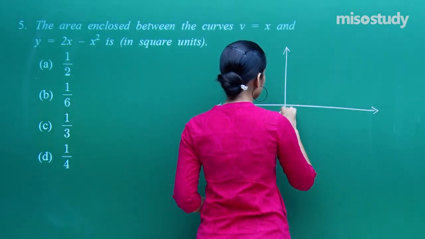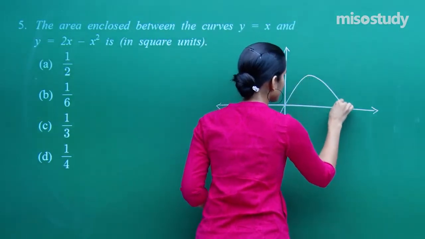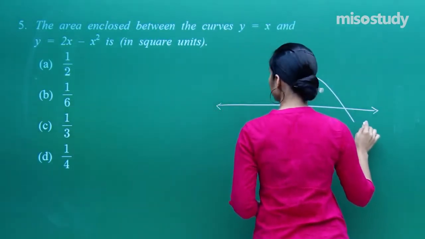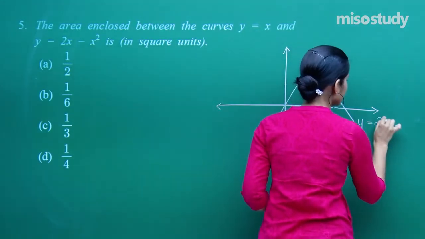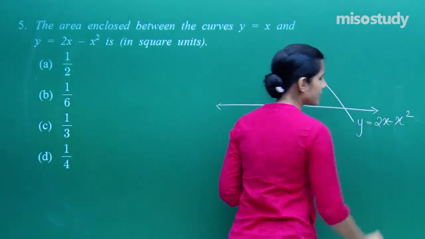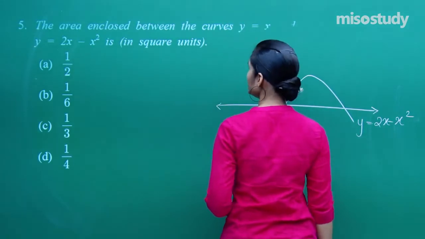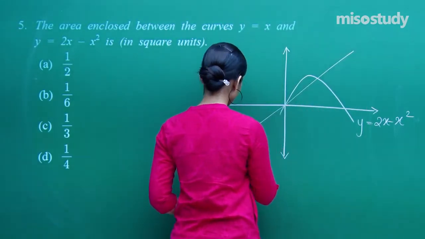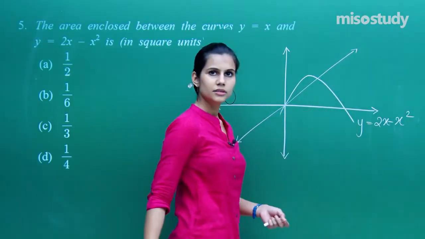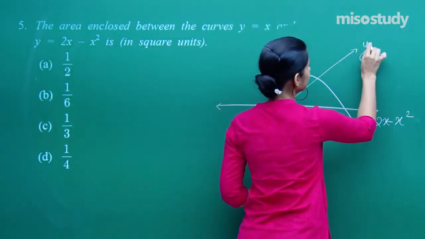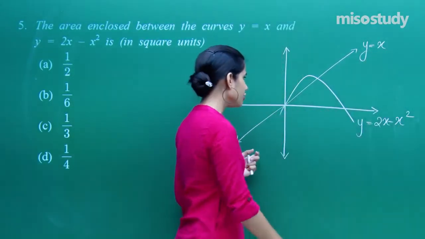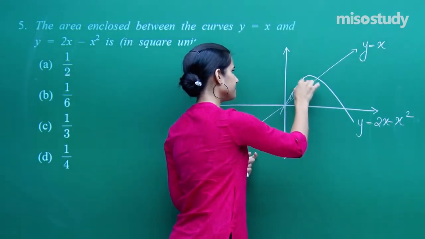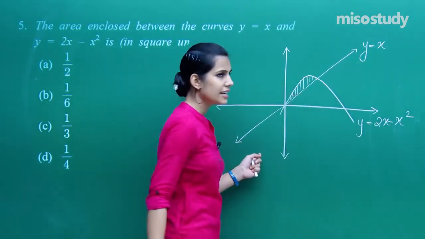This is a downward opening parabola, y equals 2x minus x squared, and y equals x obviously is this line. Clear? This is y equals x. You need to find this area.